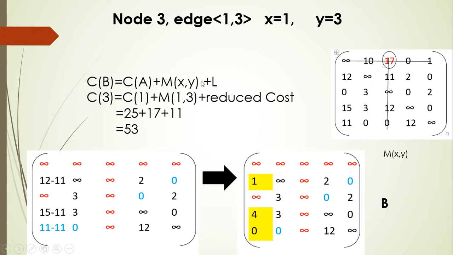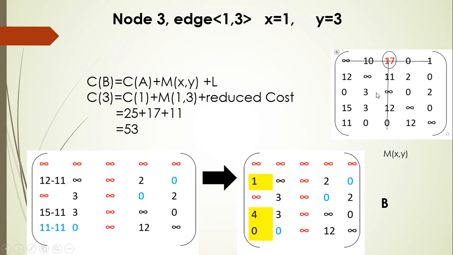So after reducing 11, you will get this column. Again apply the formula to find the cost for node 3. The cost of 3 is equal to cost of 1 plus M of 1 3, that is the direct cost for traveling 1 to 3, plus the reduced cost. The least cost of 1 is 25.